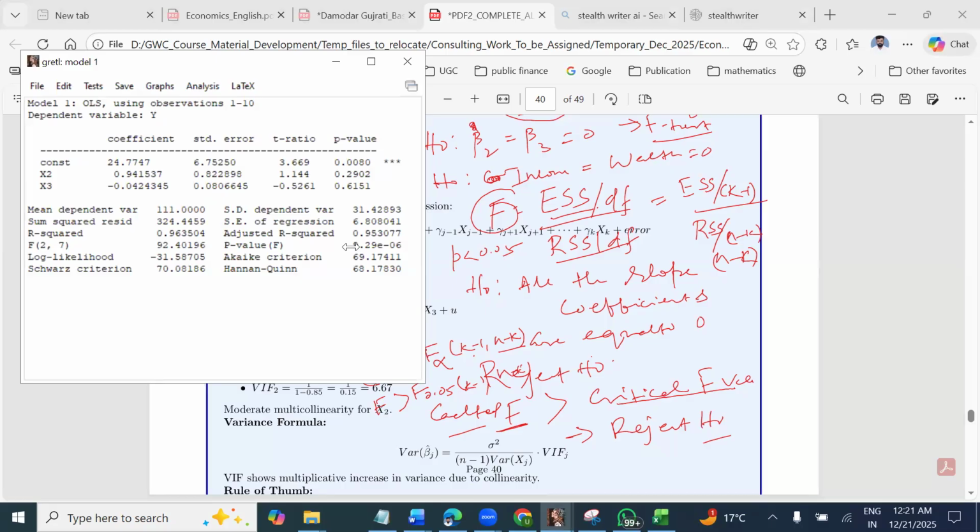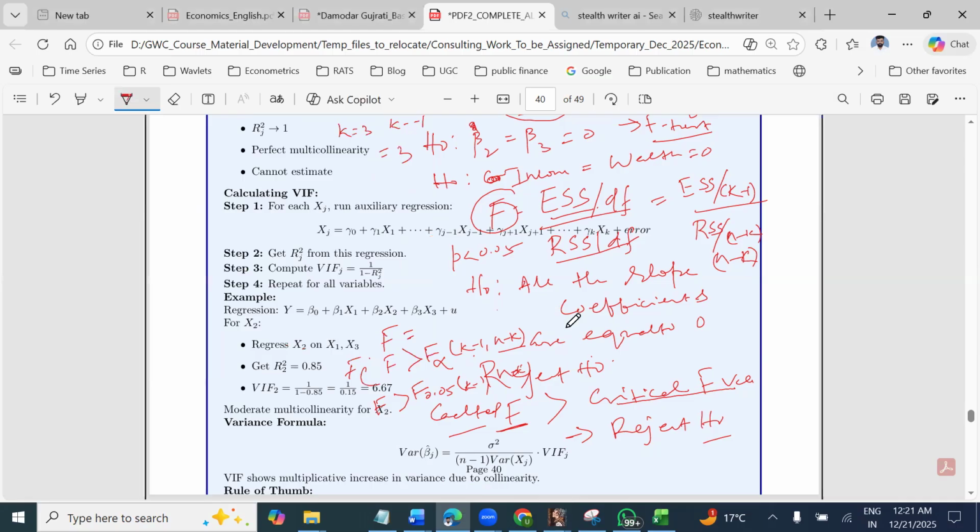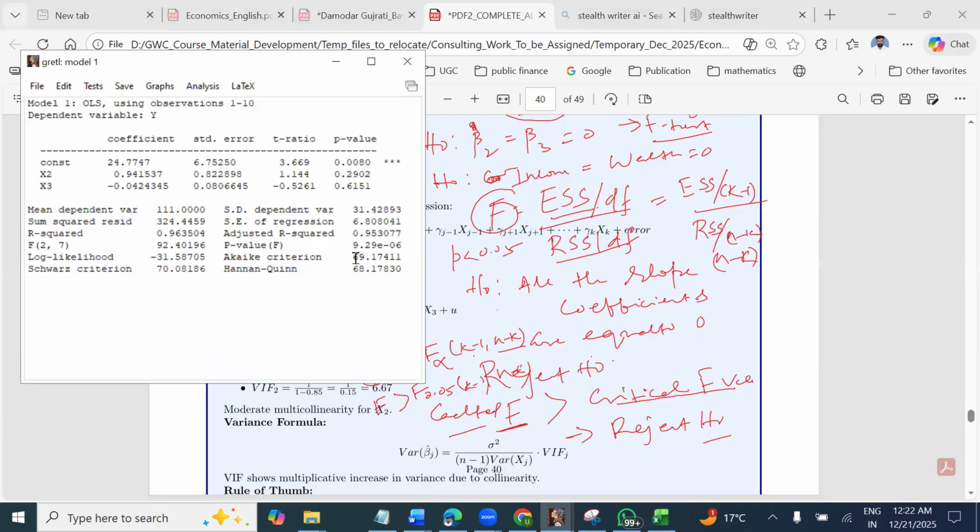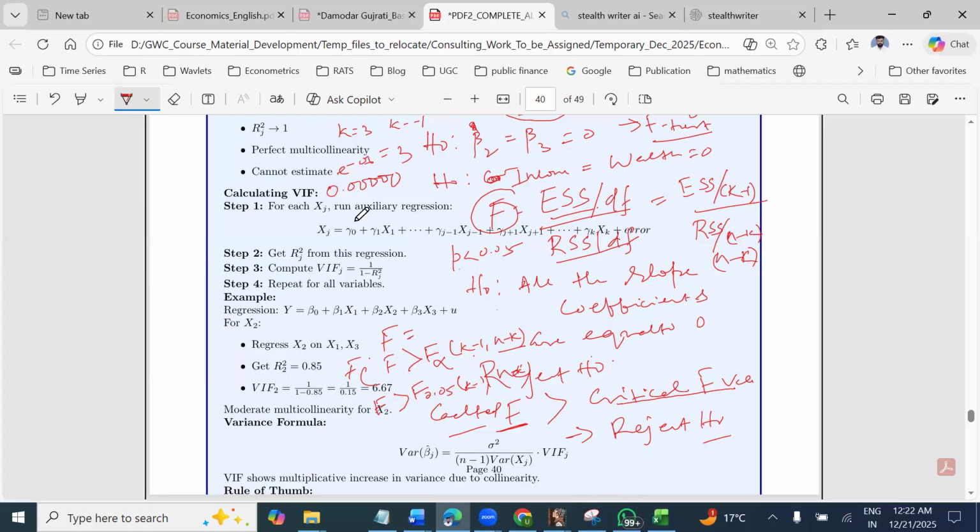Because it is a scientific number, e minus 0.6 means after the decimal point there are zeros, 0.000 after 5, and then the number starts, 929. Then are you still saying the p value is not less than 0.05?